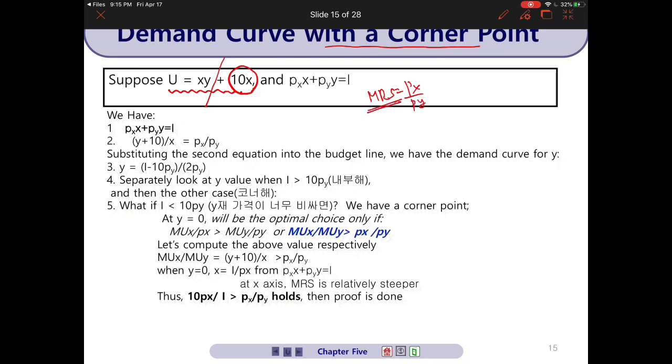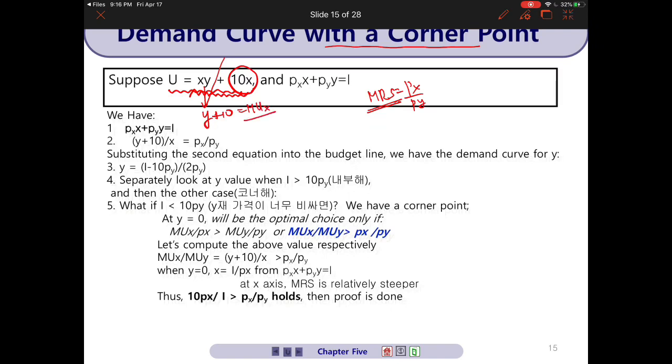Marginal utility of X over marginal utility of Y. What's the marginal utility of X? You need to take the differentiation with respect to X. So for this one, Y will be derived. What about this one? It will be 10. So that's going to be the marginal utility of good X.